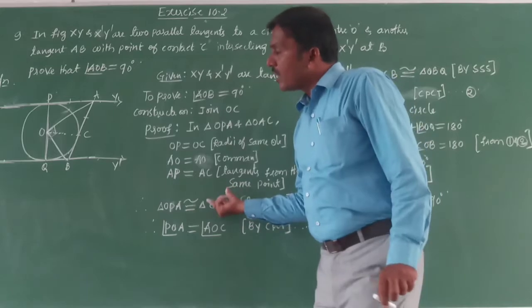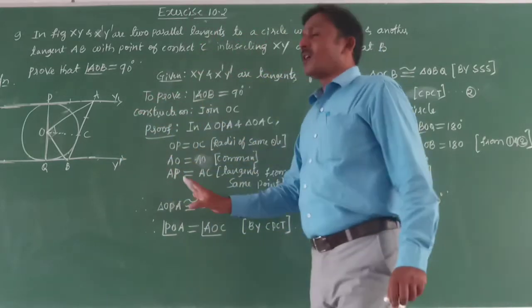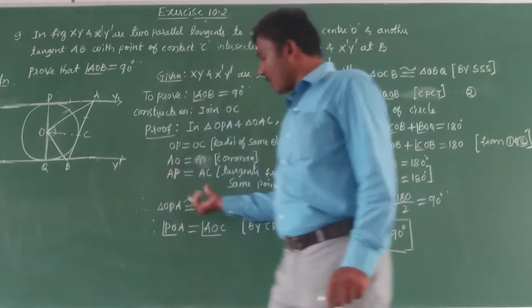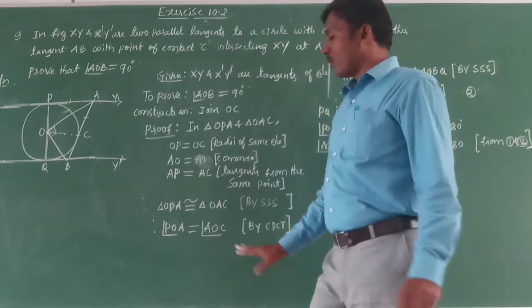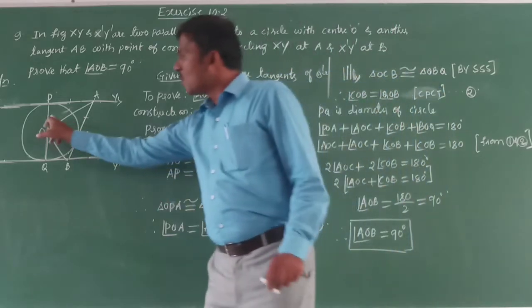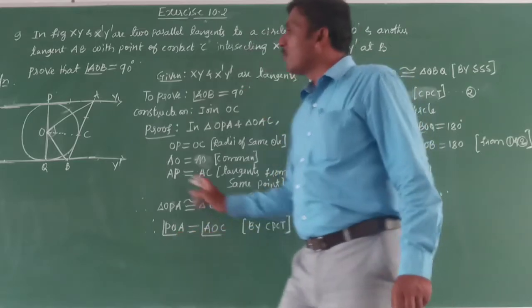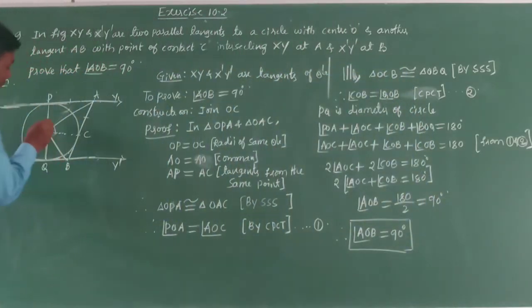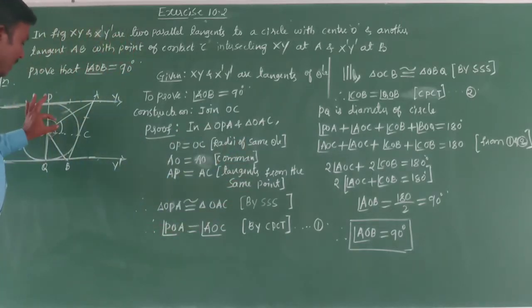If these two triangles are congruent, their corresponding parts, either sides or angles, will always be equal. For us here, only this angle is required. So angle POA is equal to angle AOC, because these two are corresponding angles of congruent triangles.